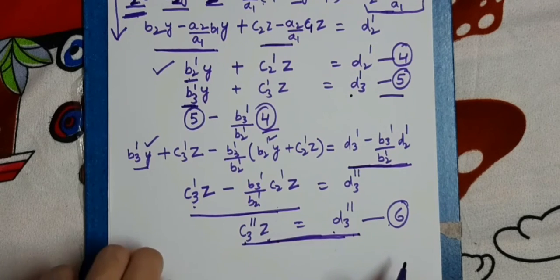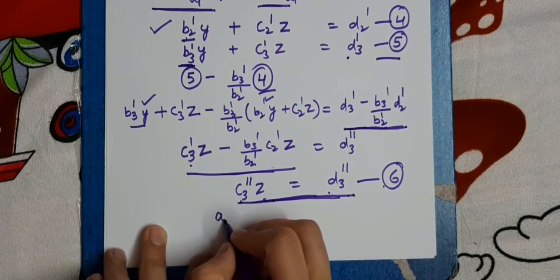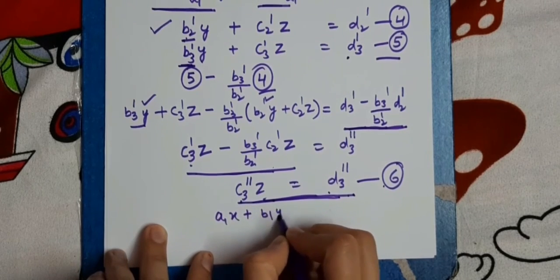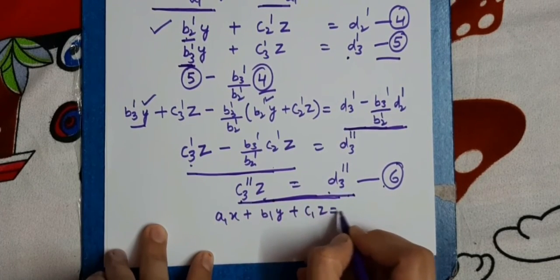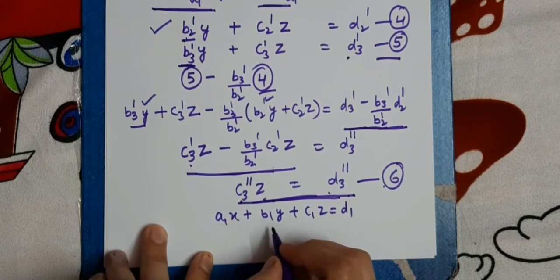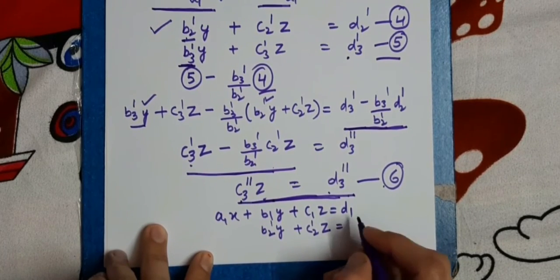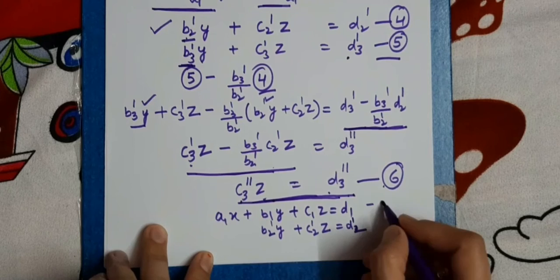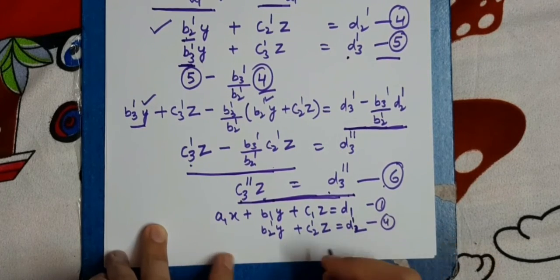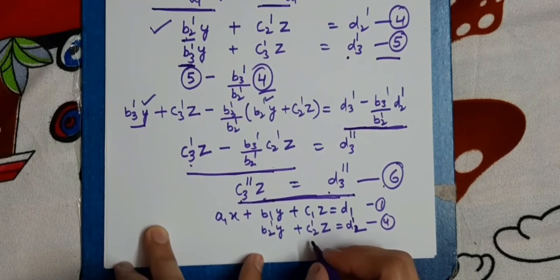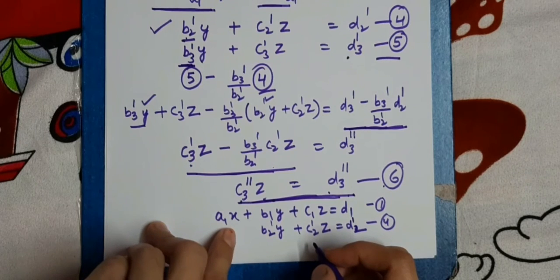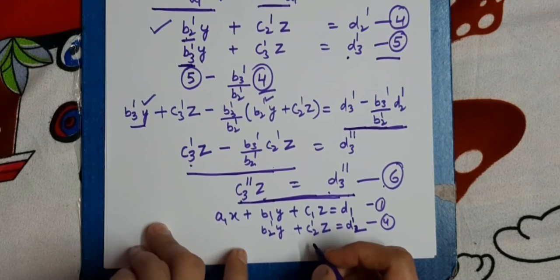Now rewriting the equations, we have a1x plus b1y plus c1z is equal to d1, equation number 1. Fourth equation is b2 dash y plus c2 dash z is equal to d2 dash, equation number 4. Now equation number 6, because we have to change the system into an upper triangular system, and we have to eliminate x from equation number 2 and 3 and y from equation number 3.